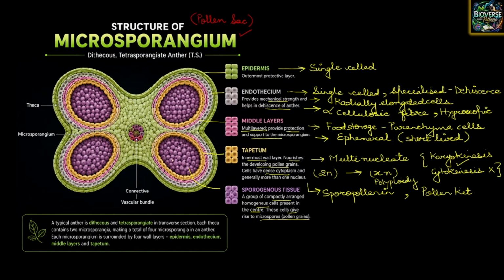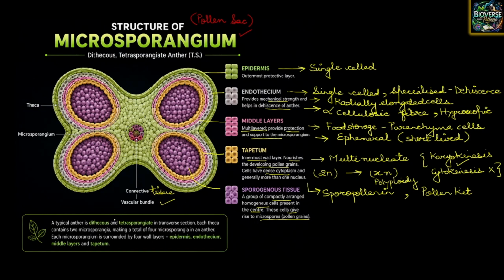So let us understand, children, that in the center we have the connective tissue. This connective tissue consists of the vascular bundle, and together with this, all four sacs, meaning all four microsporangia within the two lobes of the anther, are connected to the filament with the help of this connective tissue.